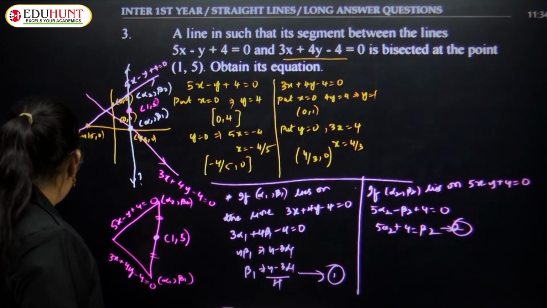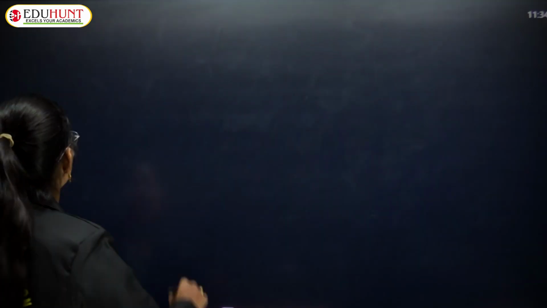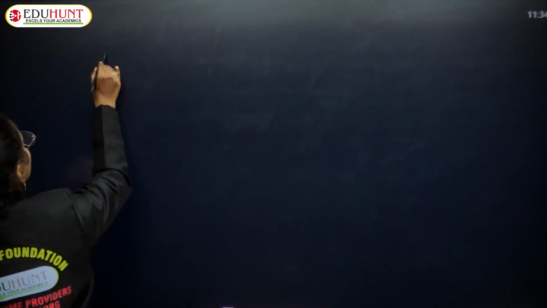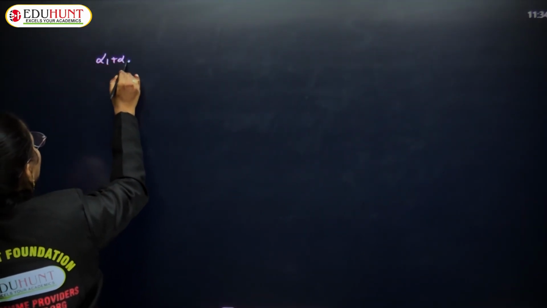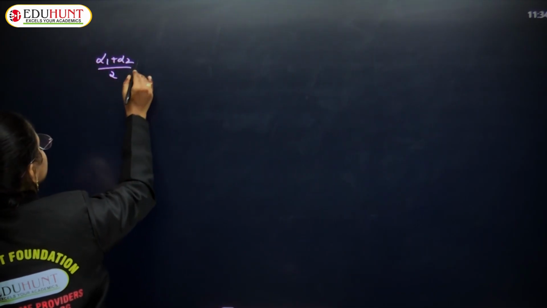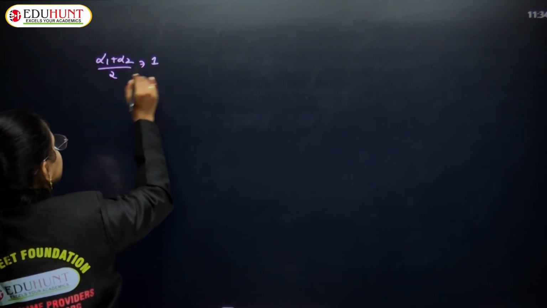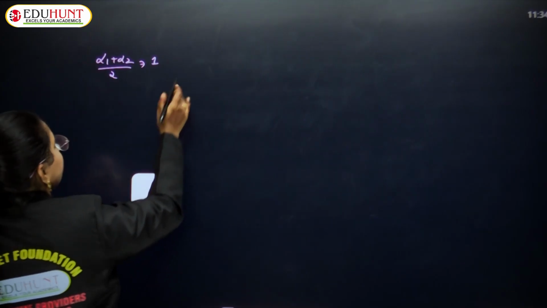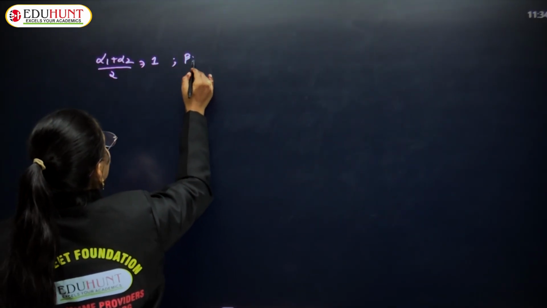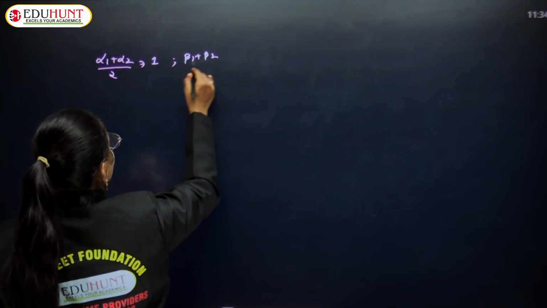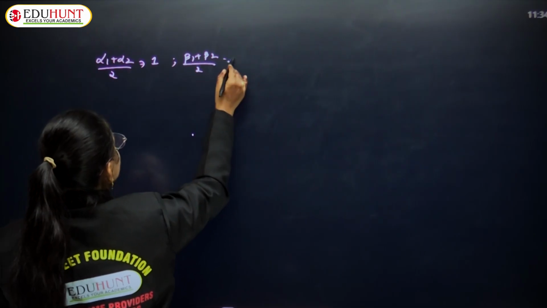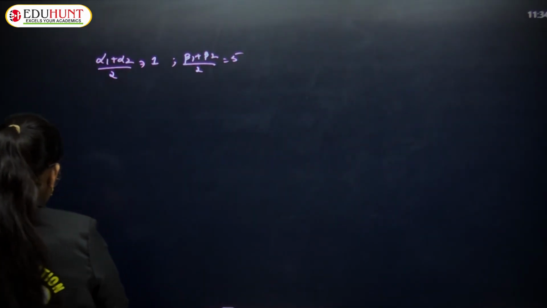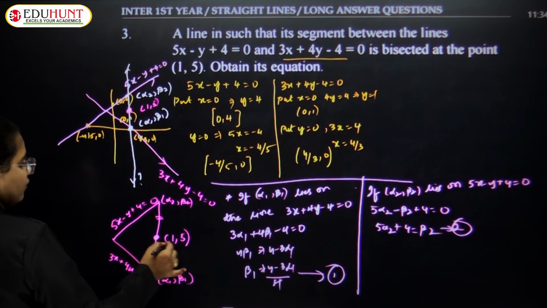So what I can write is alpha 1 plus alpha 2, midpoint formula is (x1 plus x2) by 2 is equal to the x coordinate, which is 1. Similarly, equating the y coordinates, beta 1 plus beta 2 is equal to 5. That is what we are writing here, given (1, 5), right?